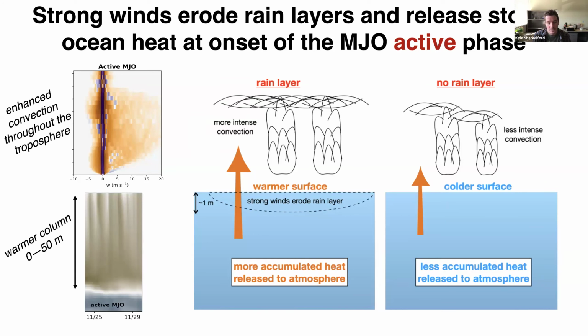Previously accumulated subsurface ocean heat is released and amplifies the intensity of MJO convection. Without rain layers, you have a weaker subsurface ocean heat reservoir, so you have a relatively colder ocean surface. You have less intense atmospheric convection during this period.